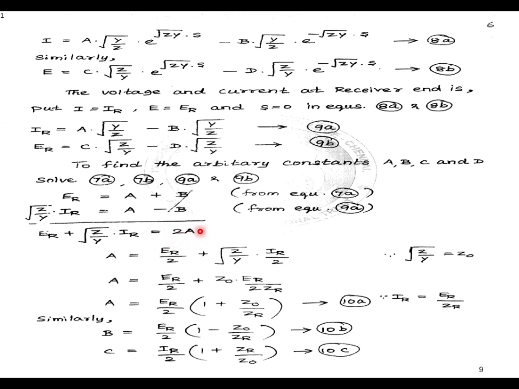We need only this A value, so A equal to ER divided by 2 plus root of Z by Y into IR divided by 2. So already we know this root of ZY.